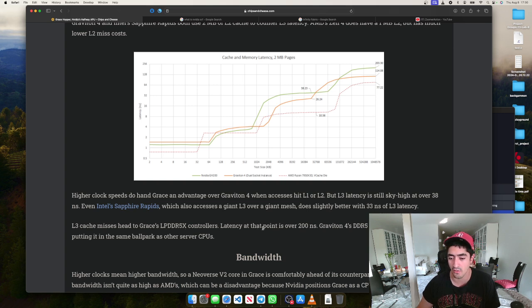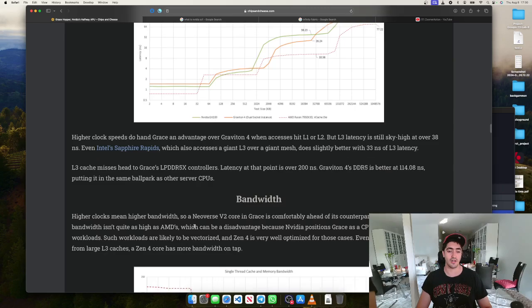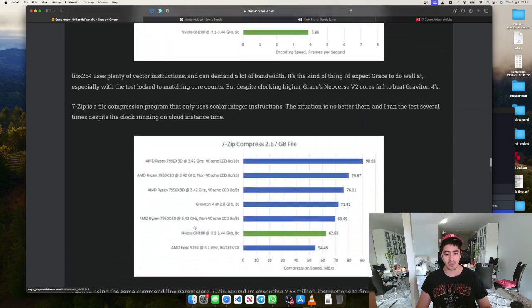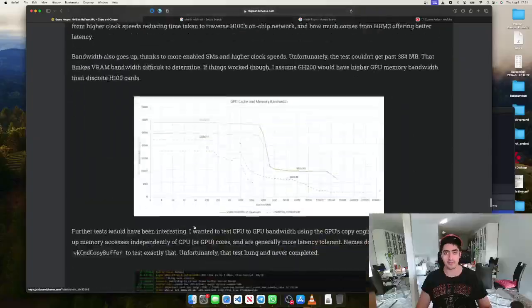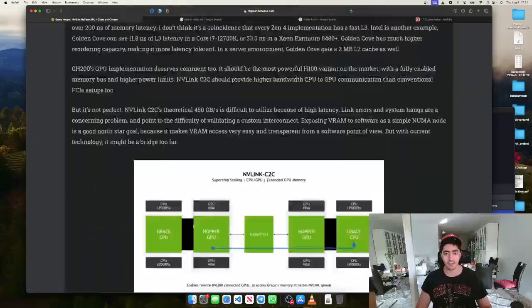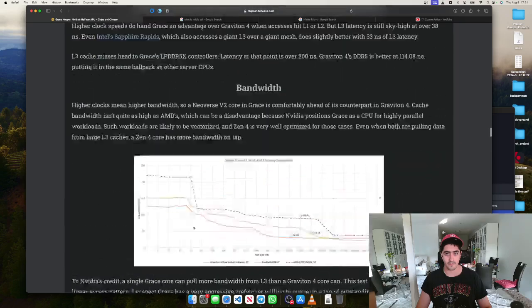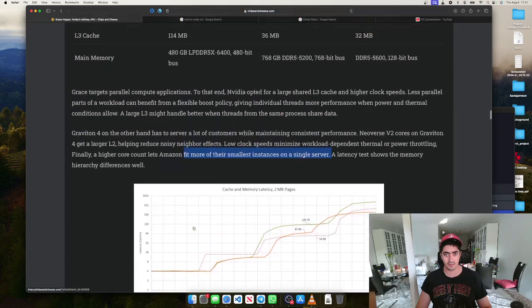Latency at this point is over 200 nanoseconds. Graviton 4's DDR5 is better at 114.08 nanoseconds, putting it in the same ballpark as other server CPUs. And then we go over the bandwidth. It's fine if we cover the rest.